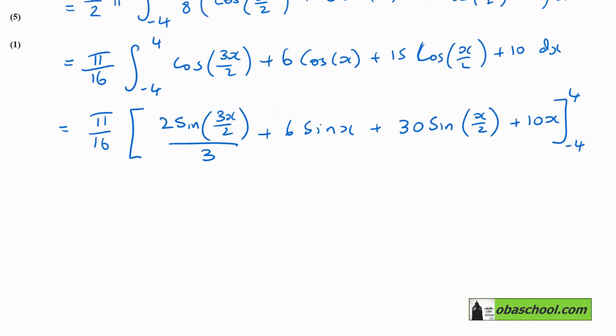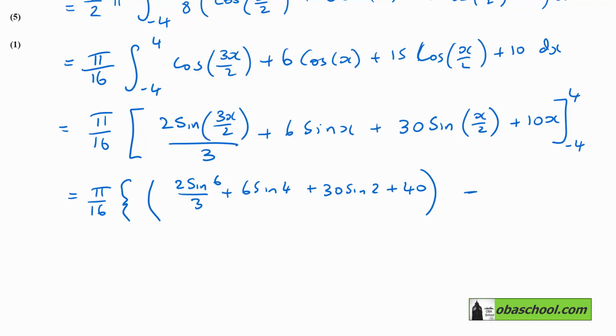Okay, so using the top limit, we get 2 sine 6 over 3 plus 6 sine 4 plus 30 sine 2 plus 40.